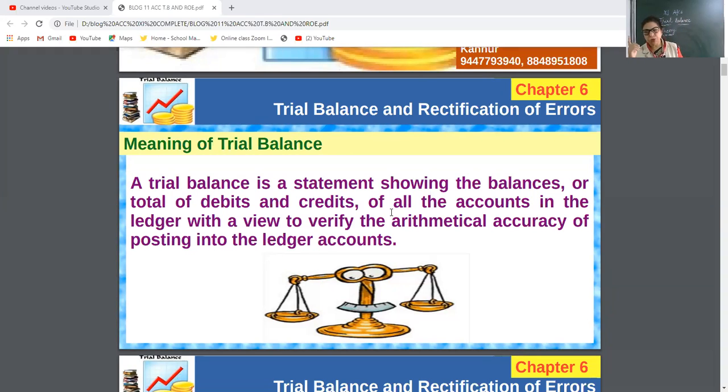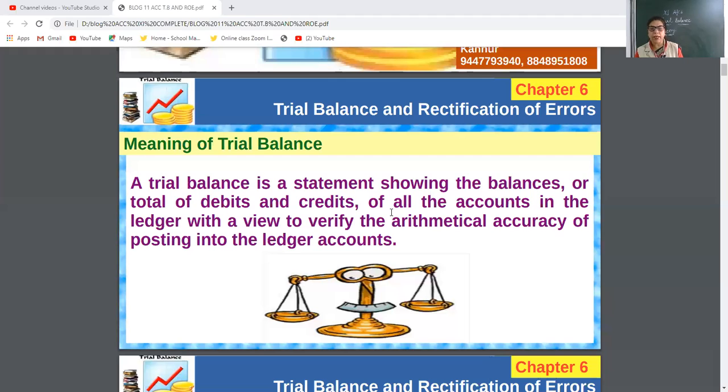You can make it through balances, you can make it through totals, or both total and balances. And all the ledger accounts with a view to verify the arithmetical accuracy of posting into the ledger accounts.